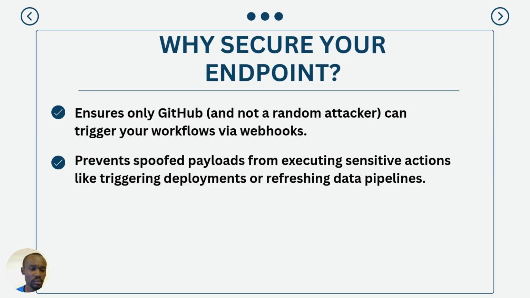Why secure your endpoint? First, it ensures only GitHub and not a random attacker can trigger your workflows via webhooks. Secondly, it prevents spoofed payloads from executing sensitive actions like triggering deployments or refreshing data pipelines.